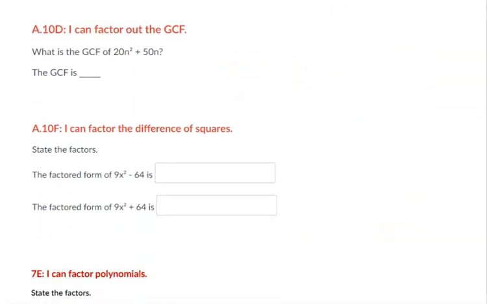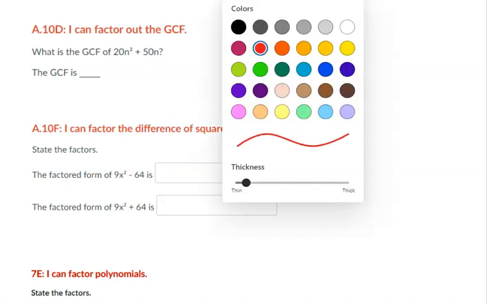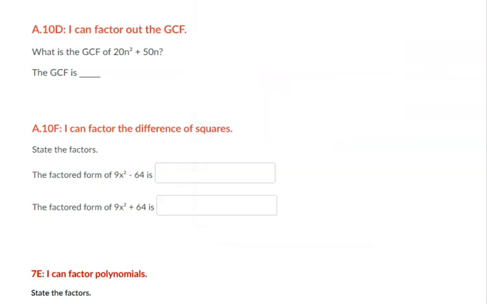The next section is about factoring. I can factor out the greatest common factor. What is the GCF of 2n squared plus 50n? So if you're not sure, you could put them right here and just try to divide out numbers.